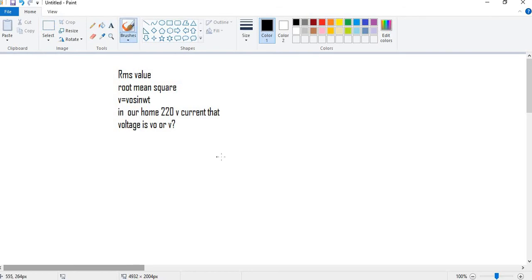First we will see the graph of V is equal to V naught sin omega t. This is T and this is V. This is a sine wave, so it will be sinusoidal, like this. Here this is V naught, that is nothing but the peak value.